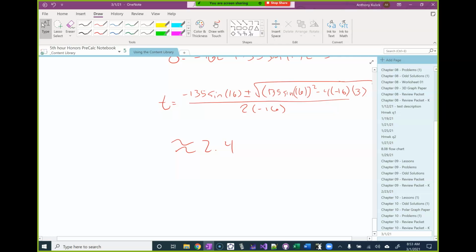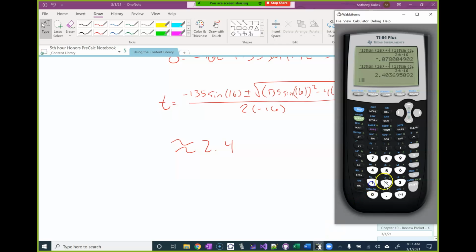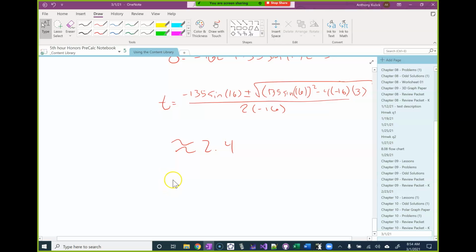So I have 135 times cosine 16 times t. So 311.9 feet. Cool with that?